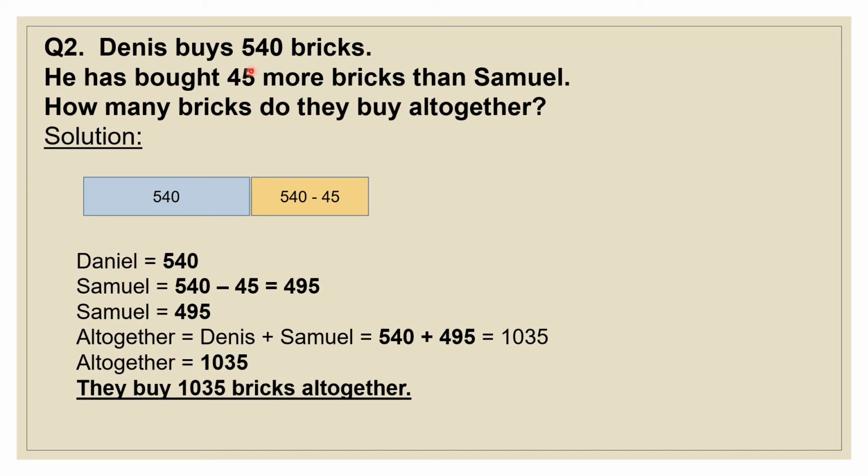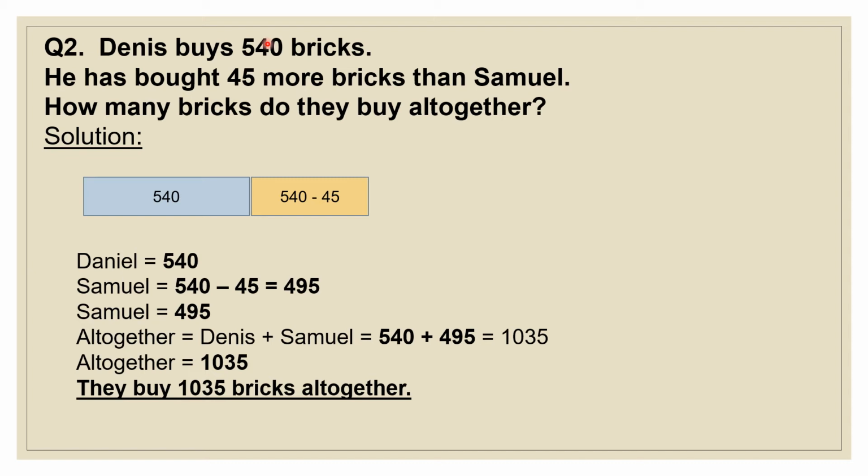And he has bought 45 more bricks than Samuel. That means Samuel has how many bricks? Samuel has 45 fewer bricks than Denis. When Denis has 45 more, that means Samuel has 45 less.